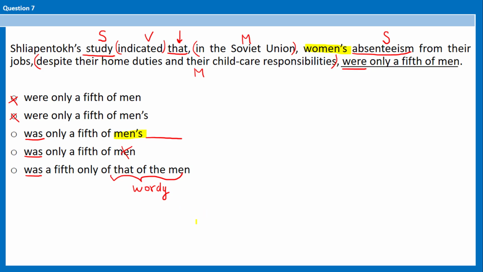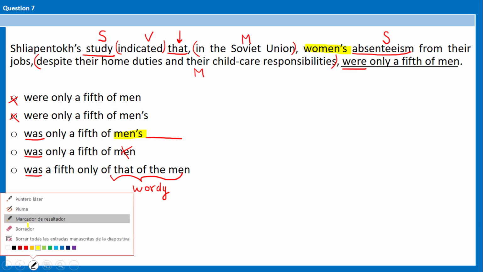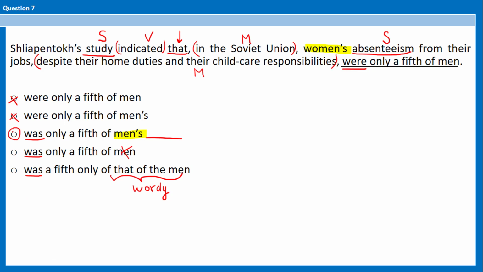We'll see more about parallelism and comparisons in the following lessons. The best choice here is number 3 because it uses the singular was and it compares women's absenteeism to men's absenteeism. Okay? If you have any question, email me at verbal@gmail.com.